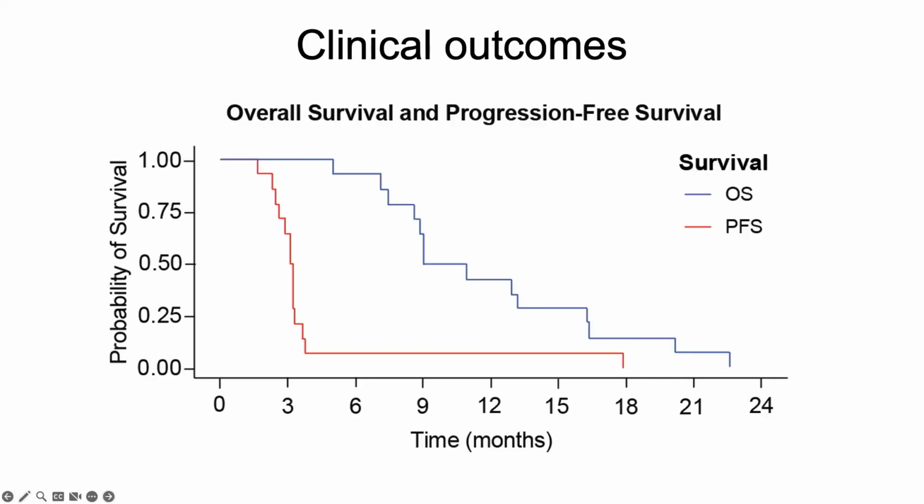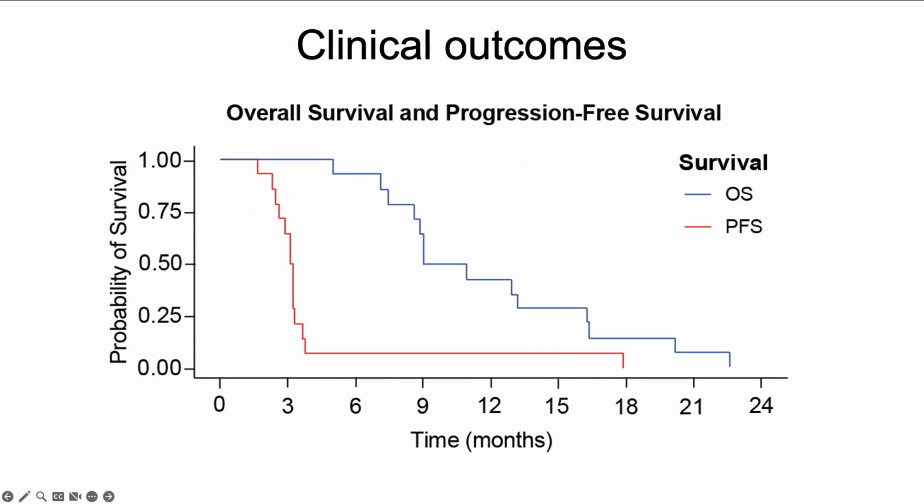And this is the outcome of the trial, right? Overall survival was on the order of, well, actually 9 to 15 months or so on average. Progression-free survival, meaning the amount of time that the drug really appeared to work before the tumor came back or grew, was on the order of 3 months.